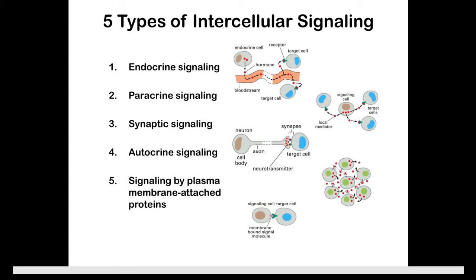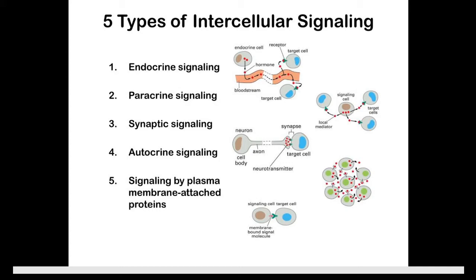In endocrine signaling, the endocrine cell gives a hormone signal to the cell surface receptor.